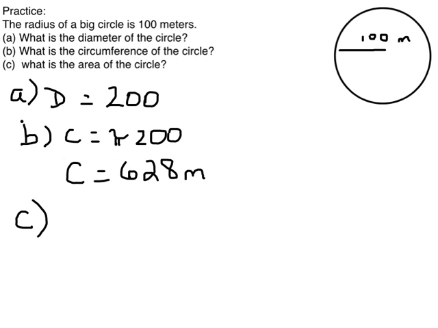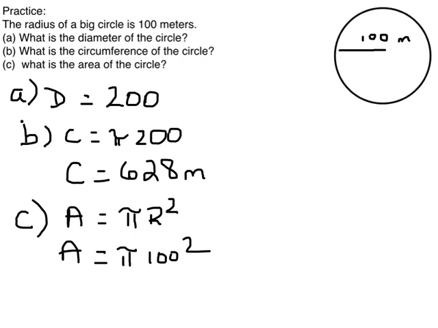C asks us to find the area. Area equals pi times radius squared. The radius here is 100, so area equals pi times 100 squared. 100 times 100 is going to give us 10,000.